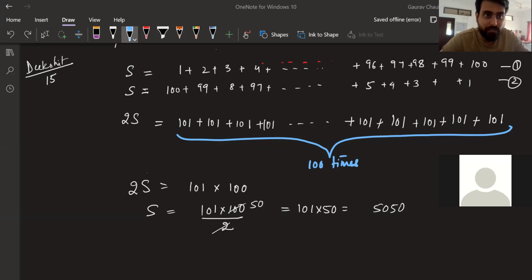Okay, simple. Dikshit, I wouldn't say a bad mathematician. Sometimes a long method leads us to appreciate some really interesting things about numbers.